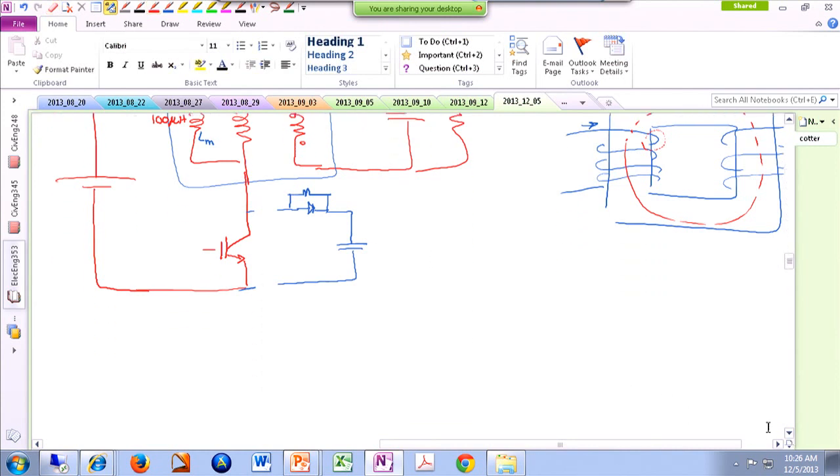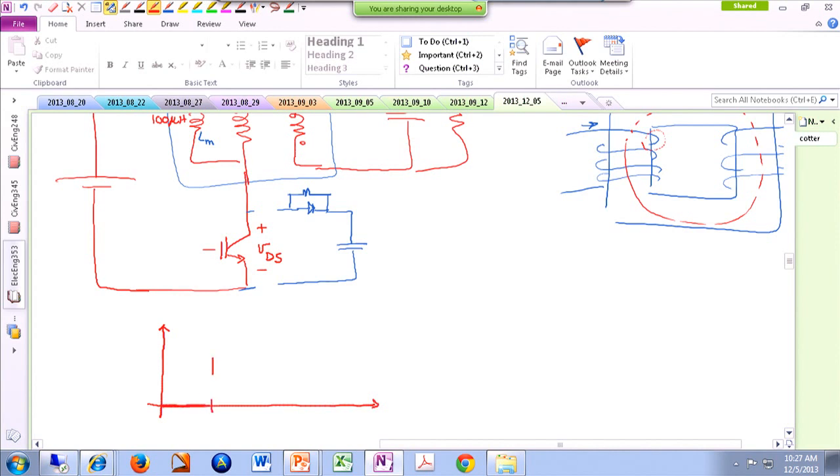Ideally, when you focus on this voltage from drain to source of the switch that you are using, whether it's an IGBT or a MOSFET, it doesn't matter, it is supposed to look like this. In the first mode, the switch is on, so it's almost zero.